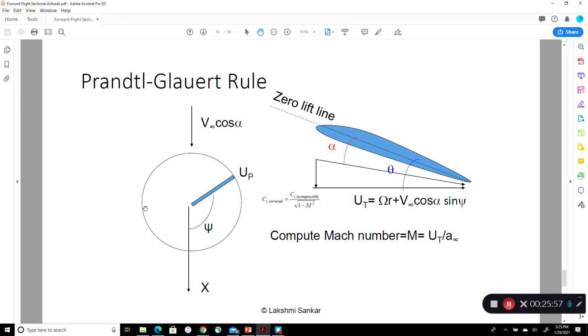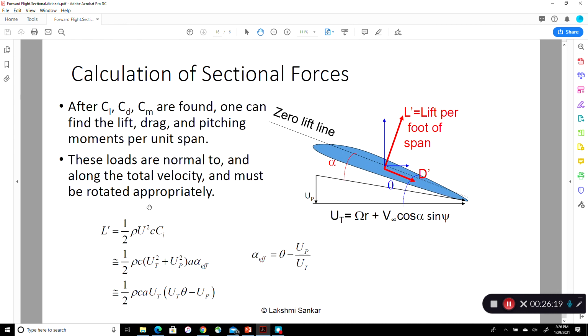On the other side, the blade is moving away from the air, so the air is chasing it, and you get omega r minus the air velocity. That's why we can put a sine psi to account for the azimuthal variation. Therefore, you get a lot of dynamic pressure on the advancing side and very low dynamic pressure on the retreating side, as we have discussed in previous presentations.